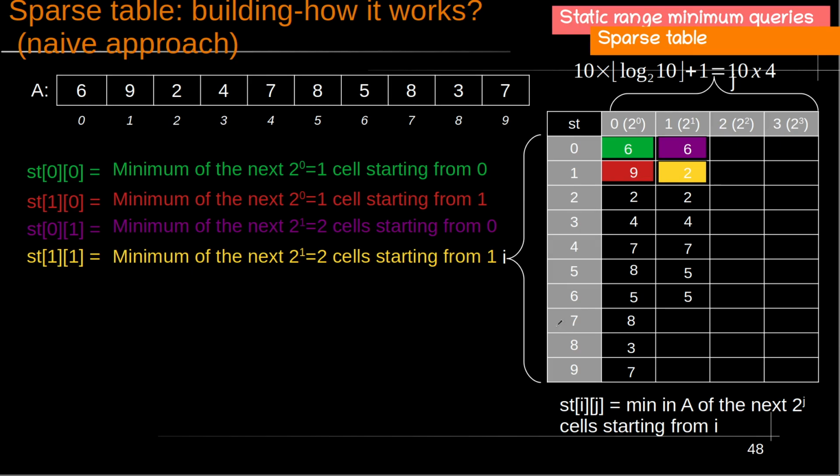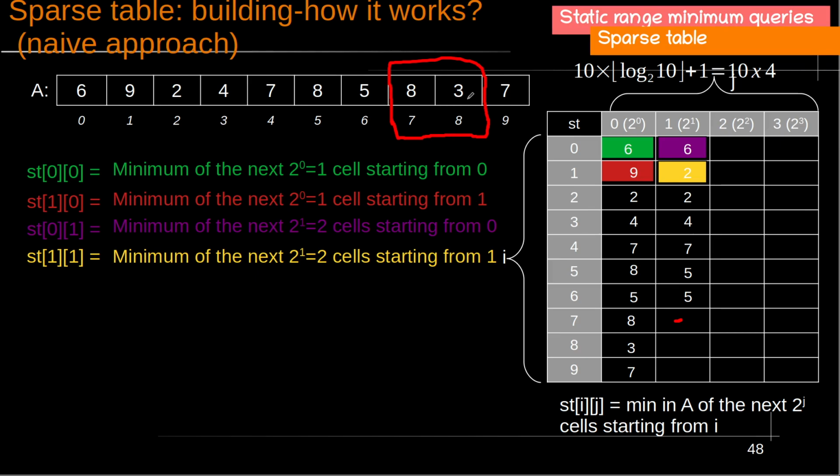Let's take another last example in the second column. What's the value here? ST[7][1], which means the minimum starting from 7, we're going to take 2^1 cells, which means 2 cells, these 2 cells.